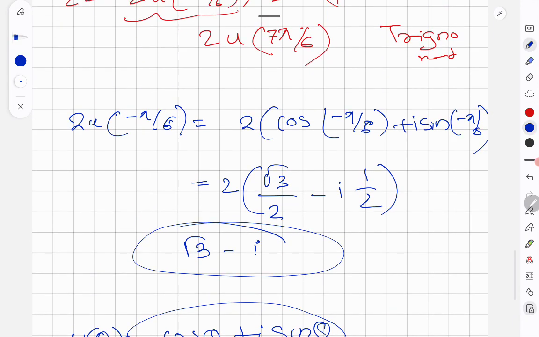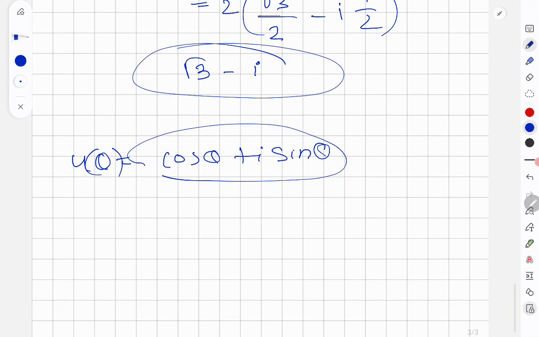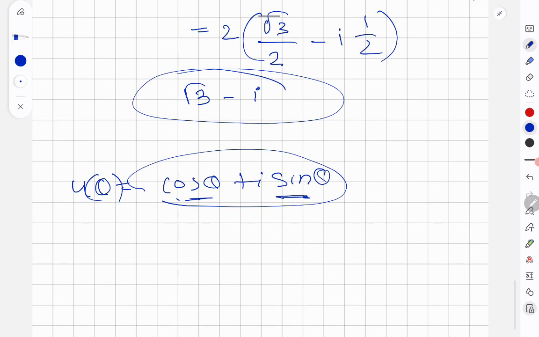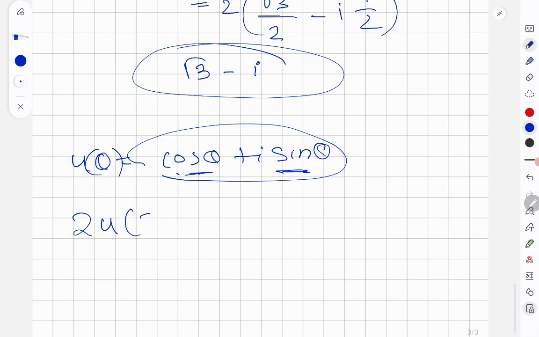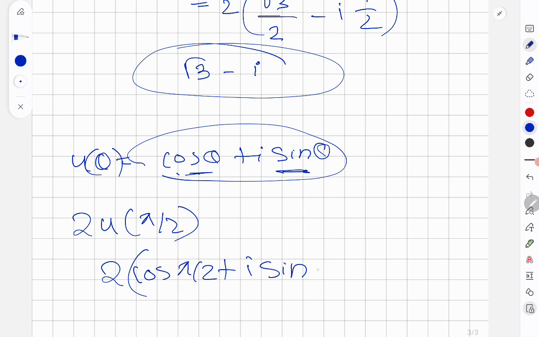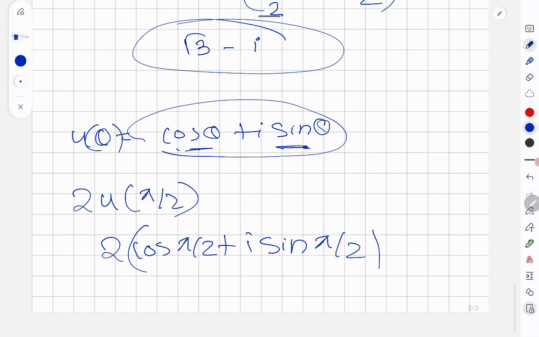So to convert to algebraic form, you need the value of sin theta and cos theta. So when I had 2u pi by 2, that means 2 cos pi by 2 plus i sin pi by 2.